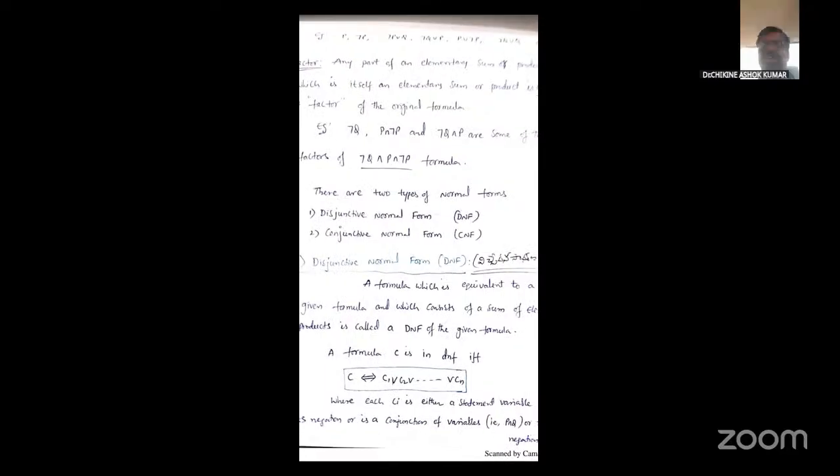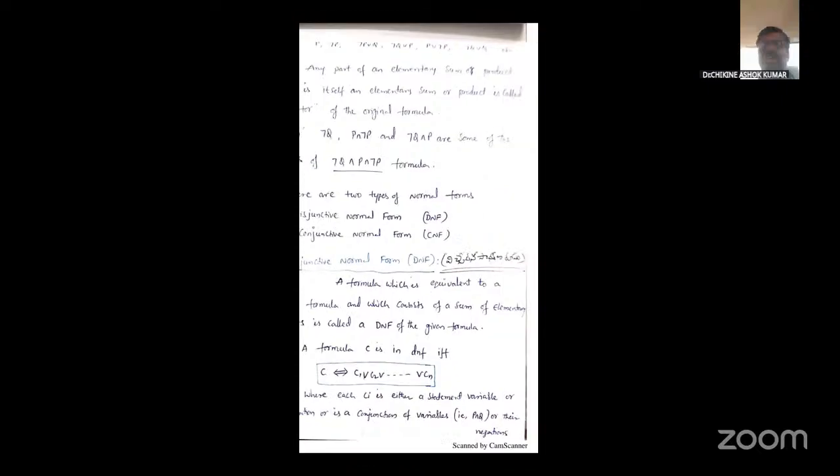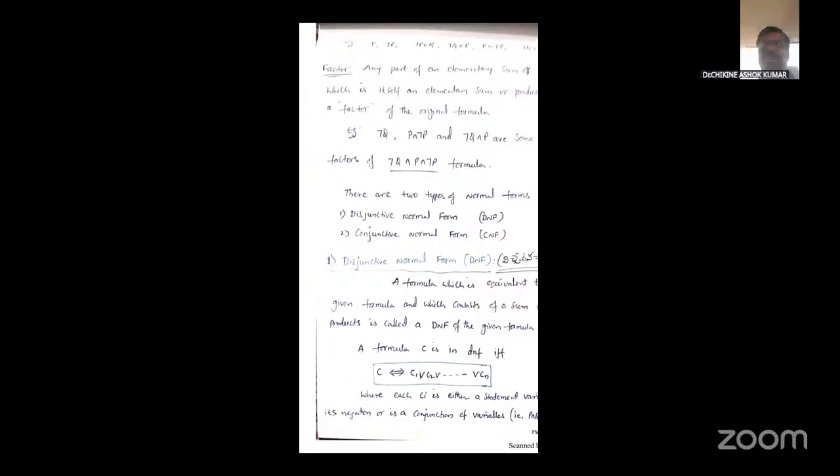A formula which is equivalent to a sum of elementary products is any proposition written like this: C, which is equal to C1 union C2 union C3 and up to Cn.